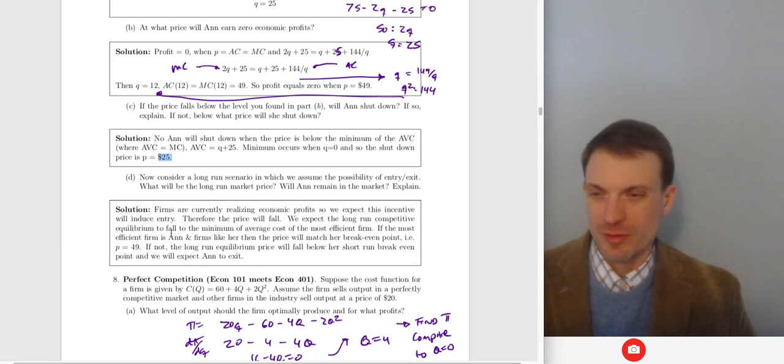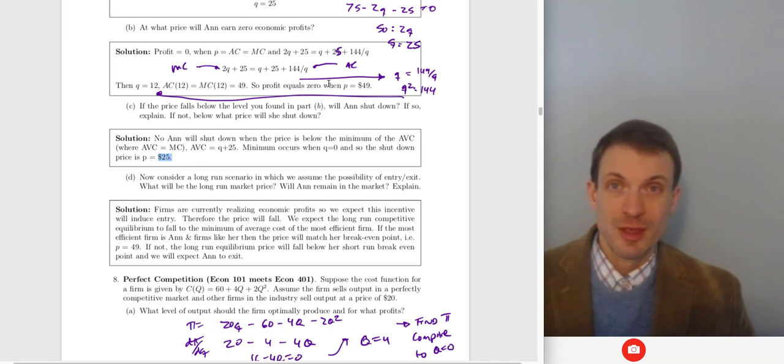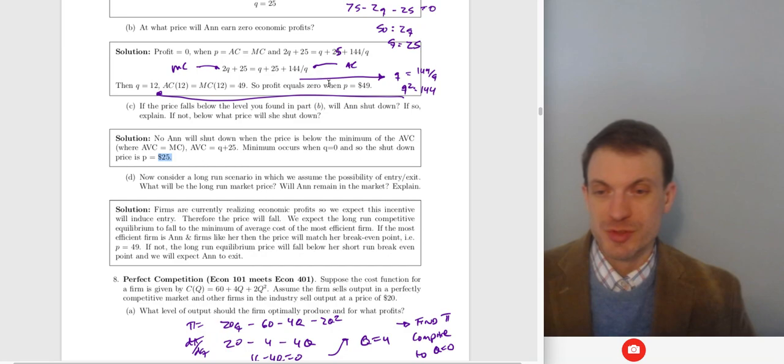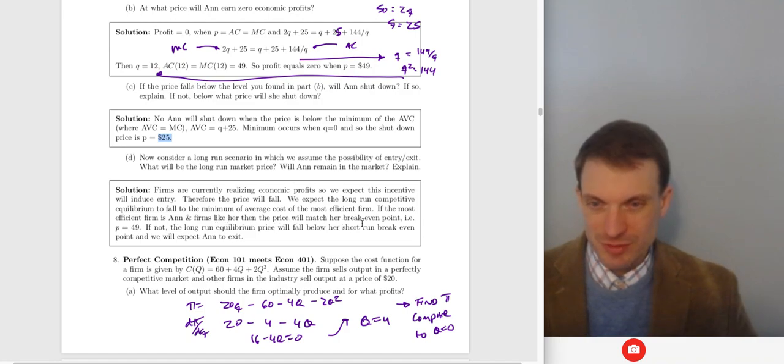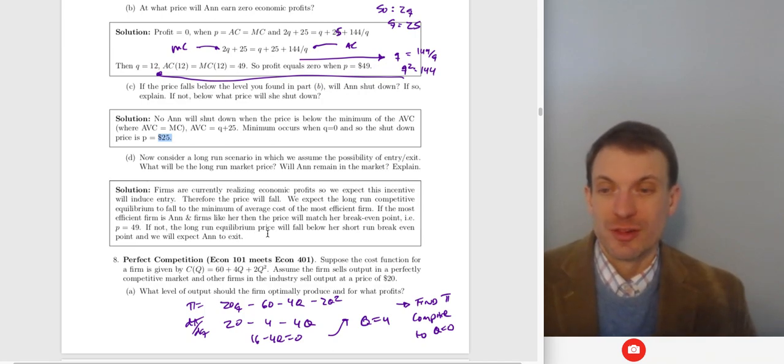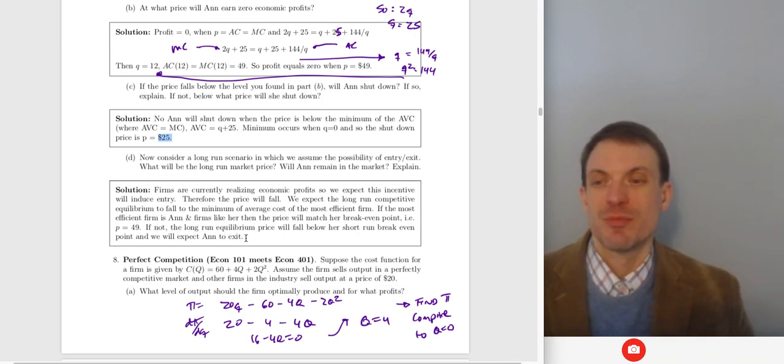We expect the long-run competitive equilibrium to fall to the minimum of average cost of the most efficient firm. If it's this firm, cool, they'll stay. If there are more efficient firms amongst them, then this firm will have to exit. So that's my comment here. If the most efficient firm is Ann and other firms like Ann, then the price will match Ann's break-even point, 49. If not, then the long-run price will fall below Ann's short-run break-even point, and Ann will have to exit.